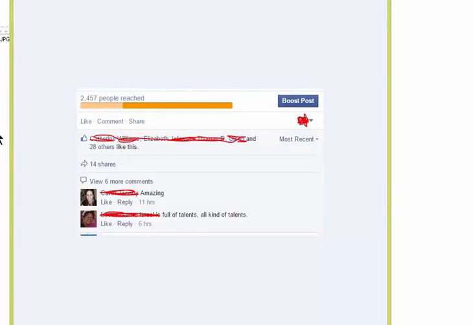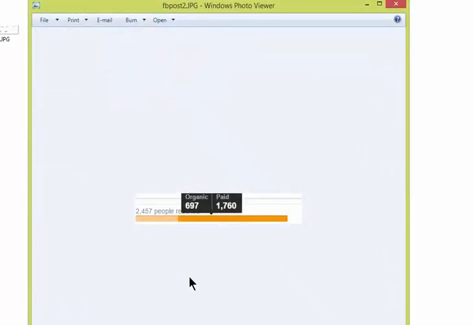What I always like to do when you're paying for post engagement, a pretty good estimate of how well you're doing, is looking at organic compared to paid. So you can see I reached 1,760 people because I paid for them, and nearly 700 people were reached because of actions which these paid ones did.